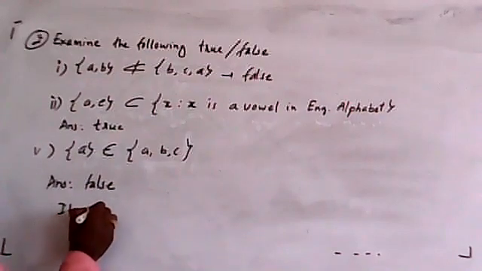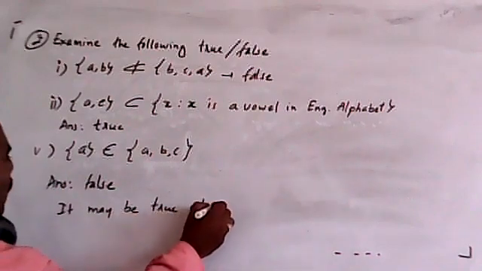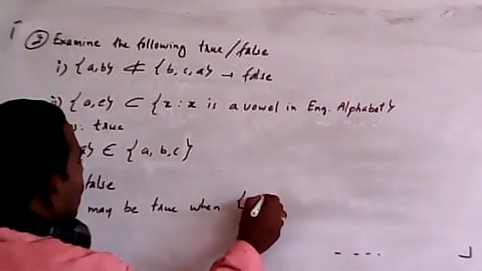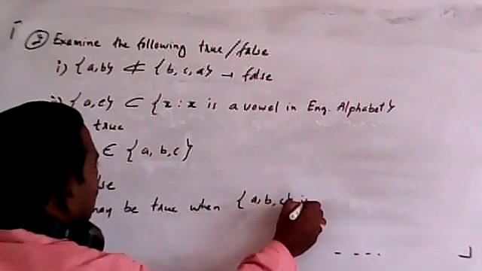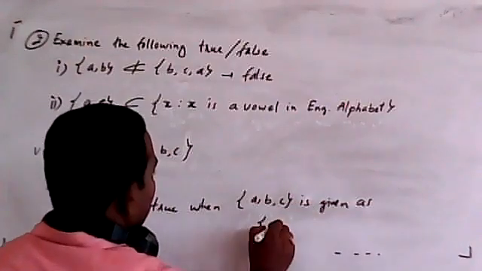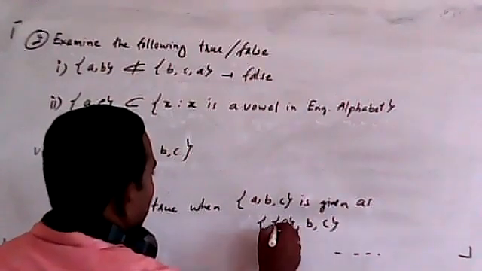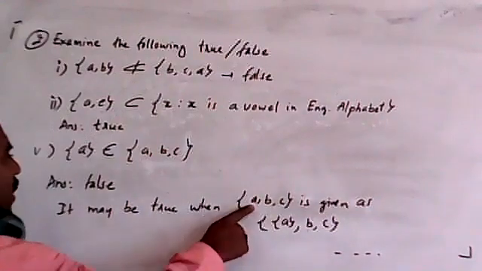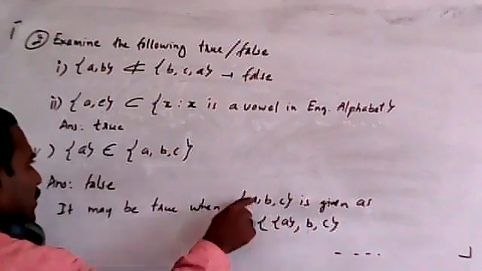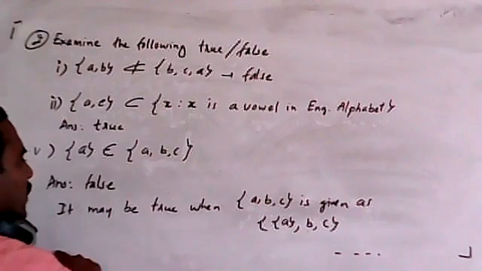It may be true when the set A, B, C is given like this. Understanding? See, A openly, A again written here. If it is in this case, it could be correct, but it is not written, so it is false.